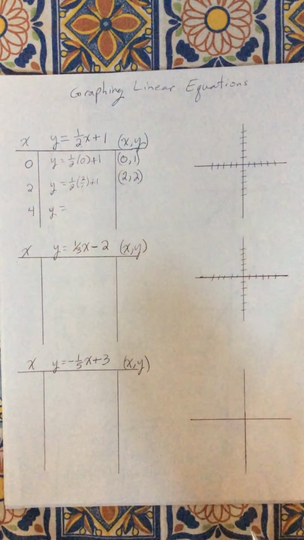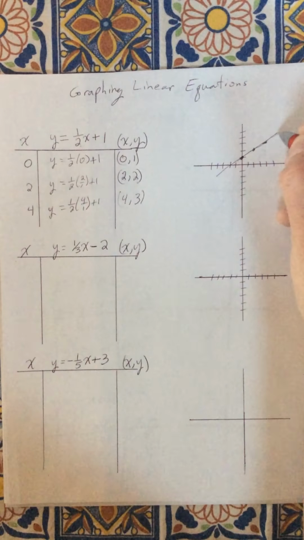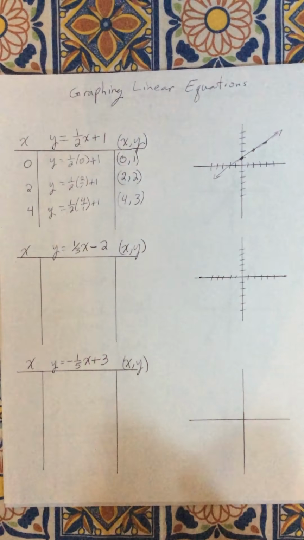Now I'm going to graph all those. 0, 1 is there. 2, 2, I go over 2 and up 2. And 4, 3 is 1, 2, 3, 4, and up 3, 1, 2, 3. And there's my graph of a linear equation.